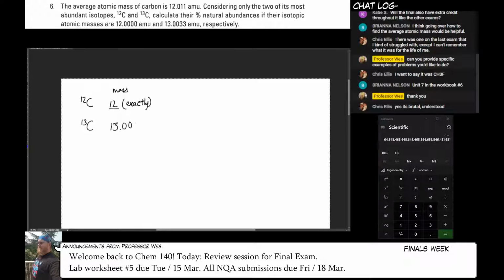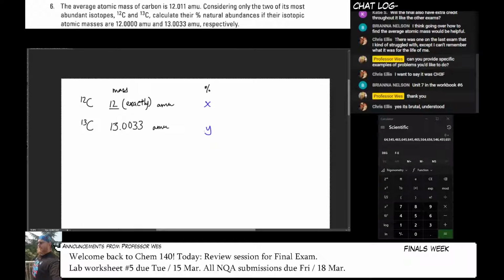13.0033. Oops, I forgot my AMU here. We do want units. There we go. So there's our mass, and then our percentages we don't actually know. So I'm just going to put question marks here. Actually, no, I'm not going to put question marks, because we're going to immediately replace them.